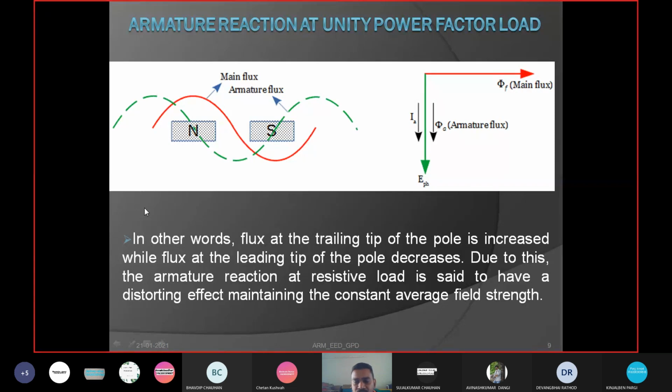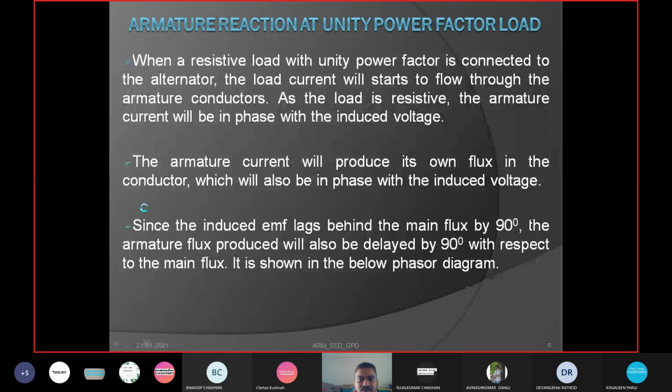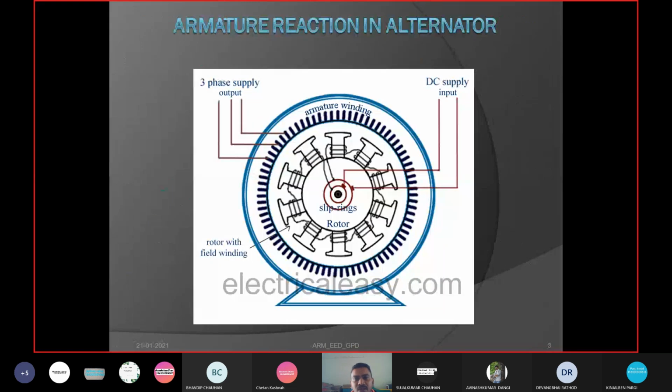What do leading pole tips mean? If we see this figure, we assume a reference point. The pole tip which comes first to the reference point is known as the leading pole tip, and the pole tip which comes later is known as the trailing pole tip.